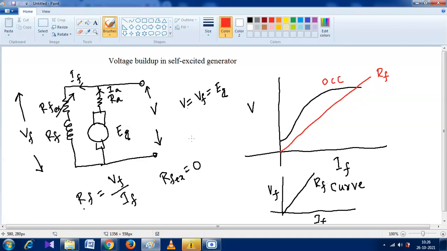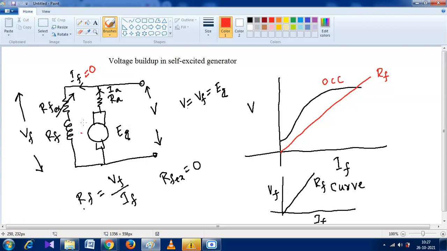And what is the voltage build-up process? At the time when there is no field current, suppose the field current is zero, is there any residual magnetism on the field?